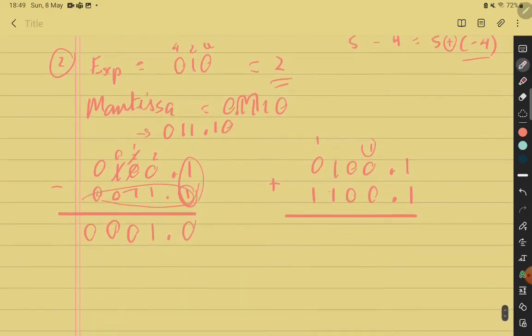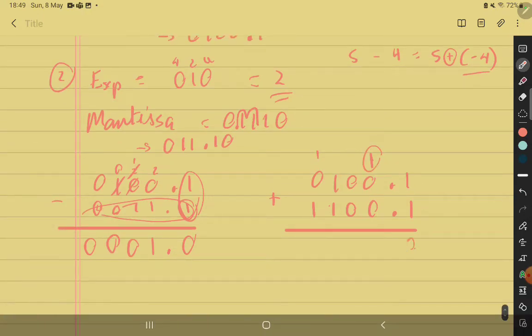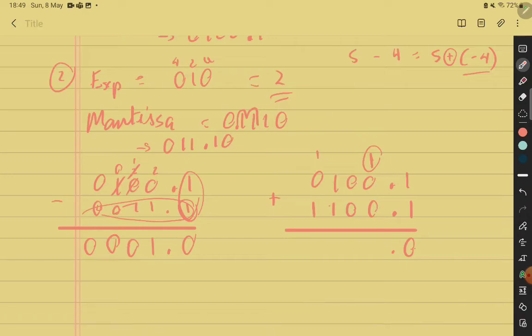What we could do is 1 plus 1, that's 2. Then carry over the 1 here. That's basically the same as carrying over the 2, but it becomes 1 along the way. So that's 0. Then 1 plus 0 plus 0 is 1. 0 plus 0 is 0. 1 plus 1 is 0, carry over the 1. 1 plus 1 is 0 and carry over the 1.